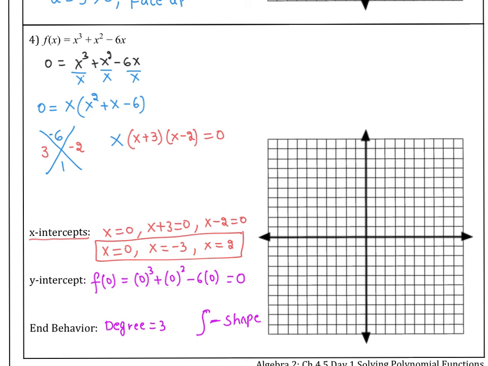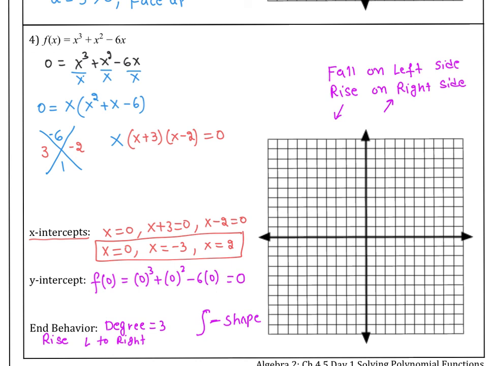So it's going to rise from left to right, which we can also say as fall on left and rise on right. So fall on left side, rise on right side. So that's the graph you're going to get.